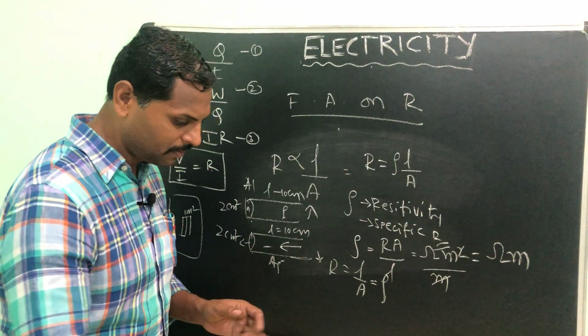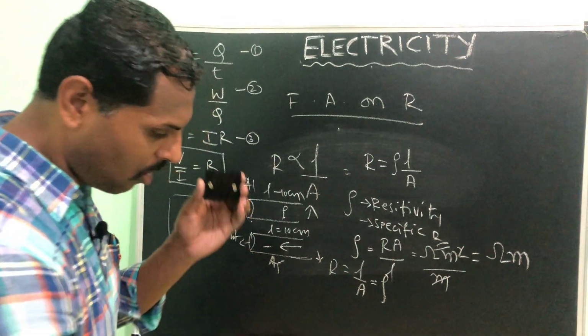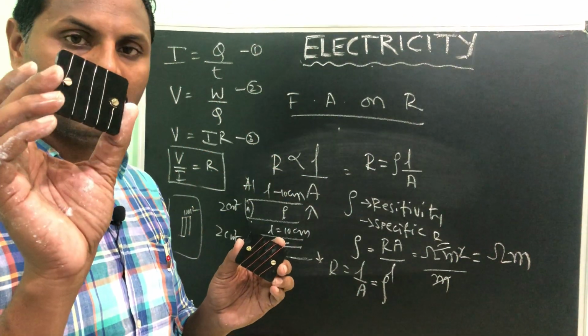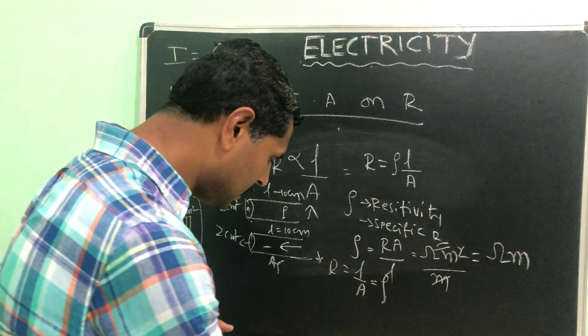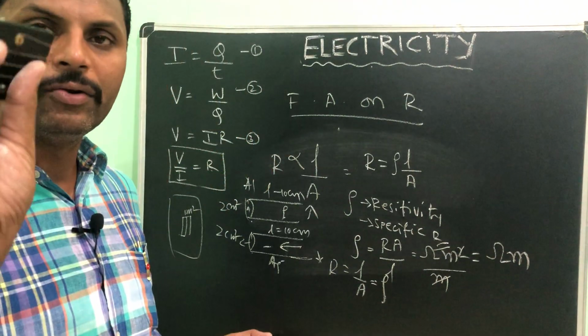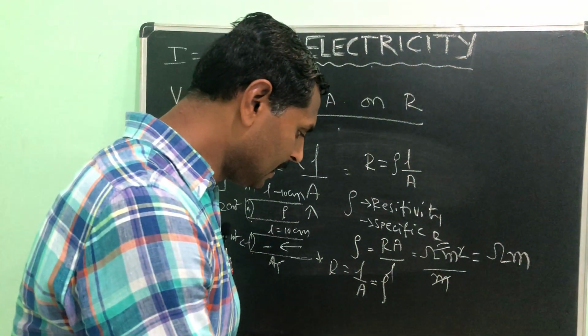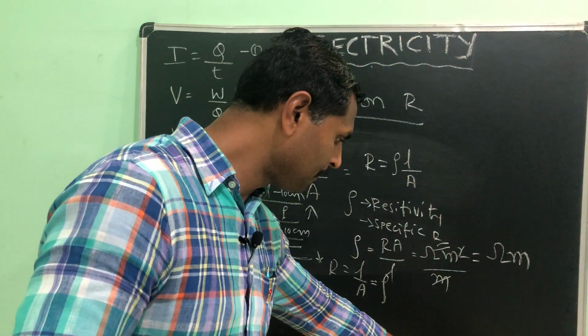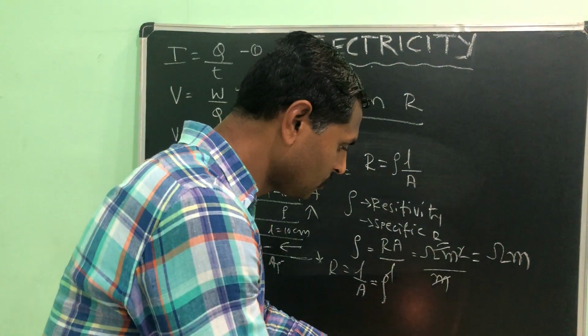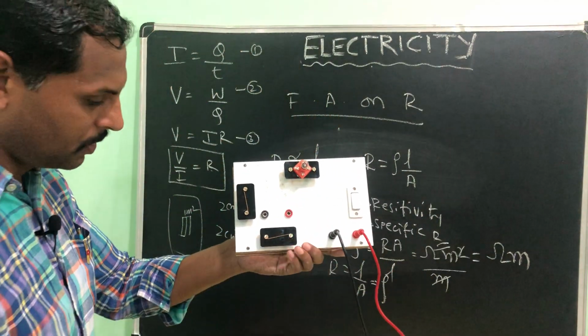Here I will show you the specific resistance for different materials. I am having different materials with me. This is a copper one and this is the aluminum one, and here I am having some other alloy. You can see the resistivity. I will show this with this circuit.